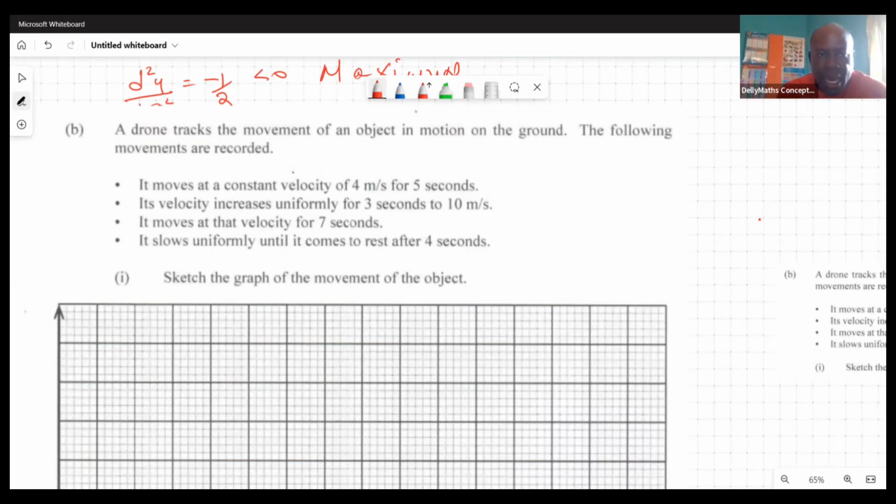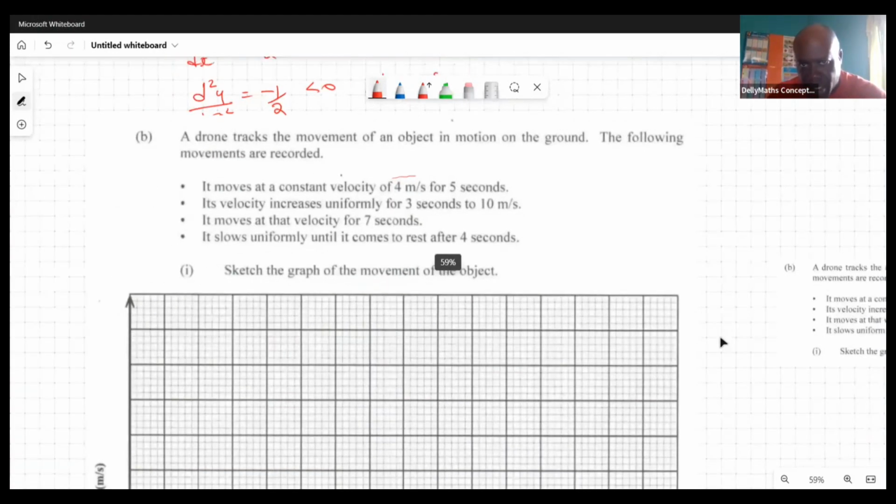It moves at a constant velocity of 4 meters per second for 5 seconds. Its velocity increases uniformly for 3 seconds to 10 meters per second. It moves at that velocity for 7 seconds. It slows down until it comes to rest after 4 seconds. Sketch the graph.